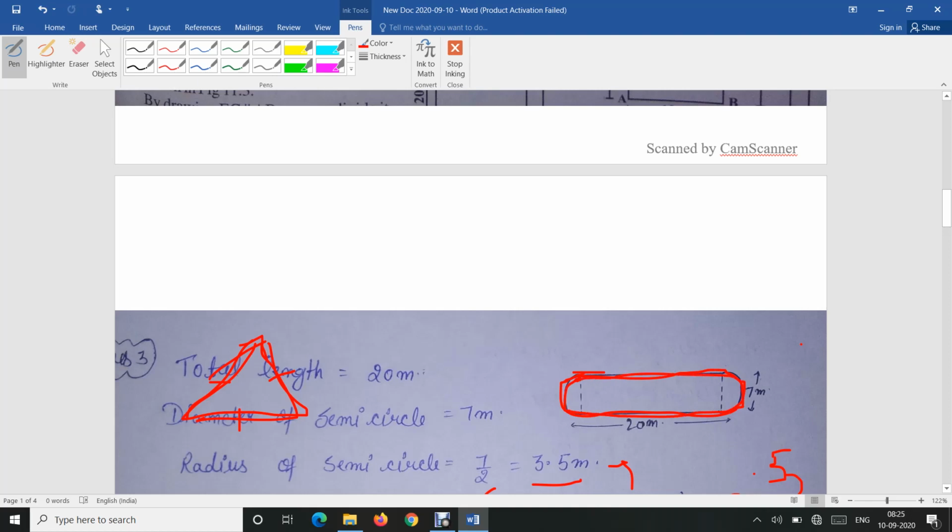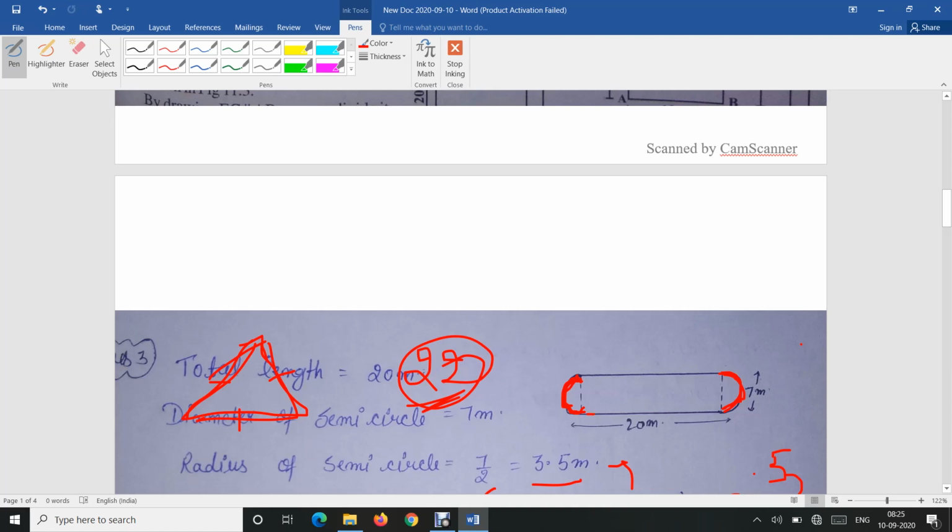So this is a semicircle and also this is a semicircle, and we have found the perimeter of these two semicircles, that is 22.